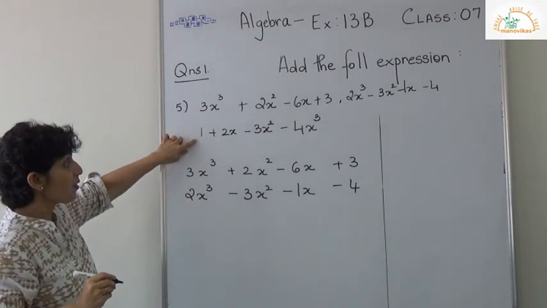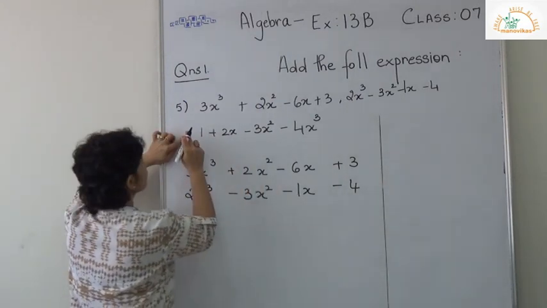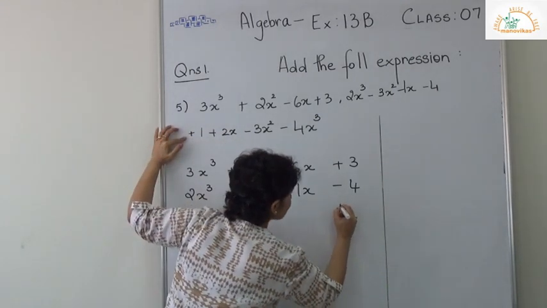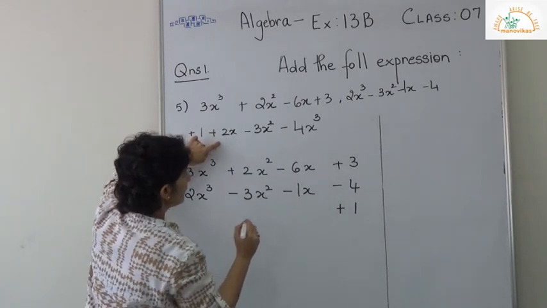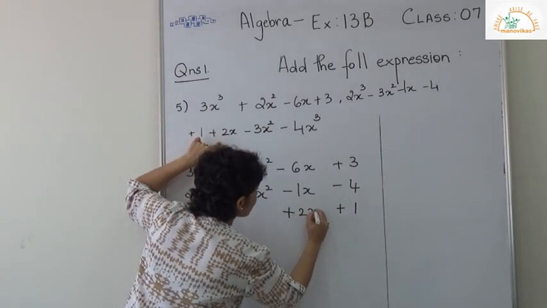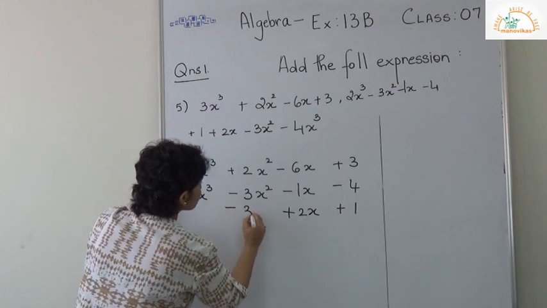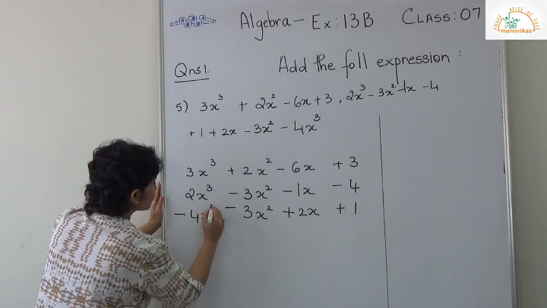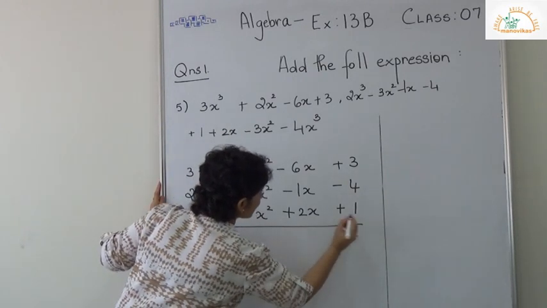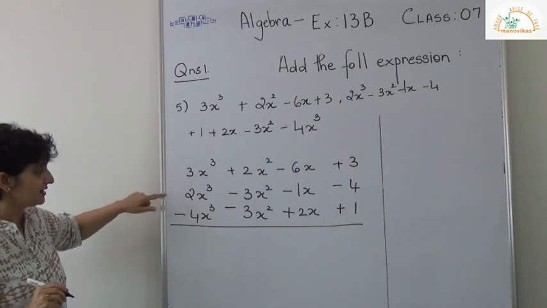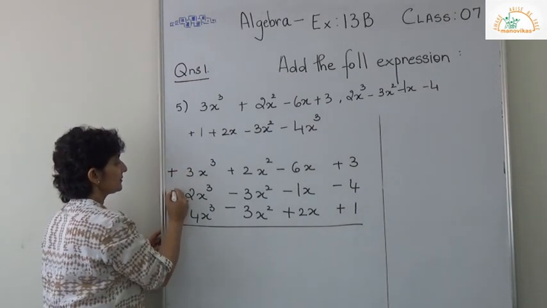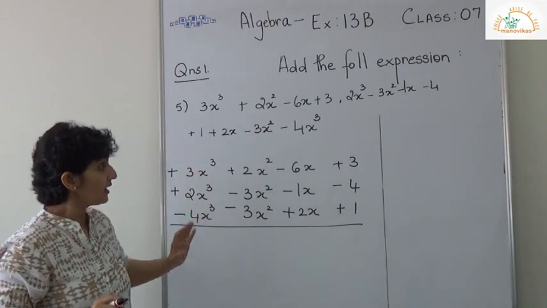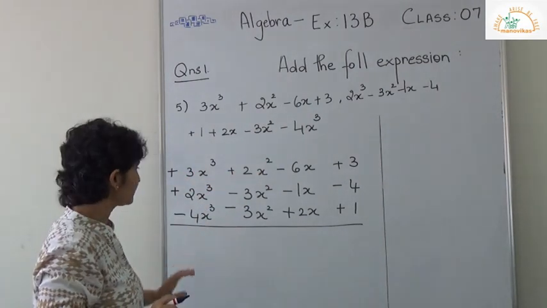The next I have 1. So when there is nothing here, children, it means plus 1. So I will put plus 1 here, plus 2x minus 3x squared minus 4x cubed. Okay? Now, when there is nothing here, it means plus. Now, let's take each group and work out and write our final answer here.